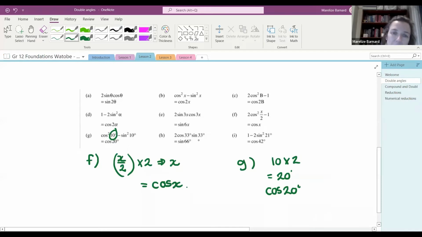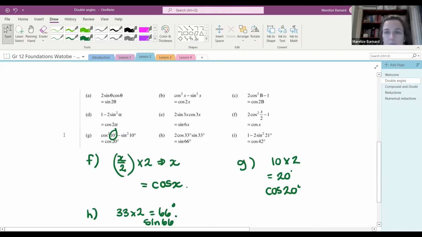That is the double angle identity for sine of an angle. So we recognize that 33 times 2 is going to be our double angle, so that's 66. So we write it as sine of 66.